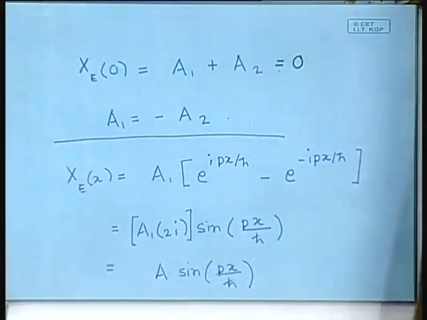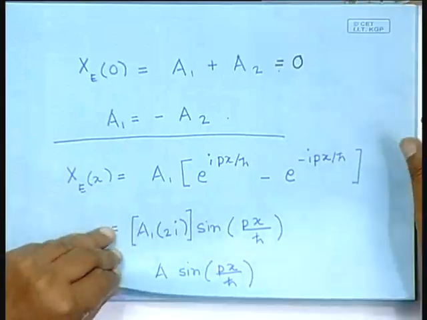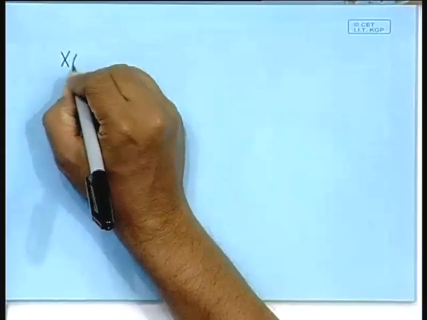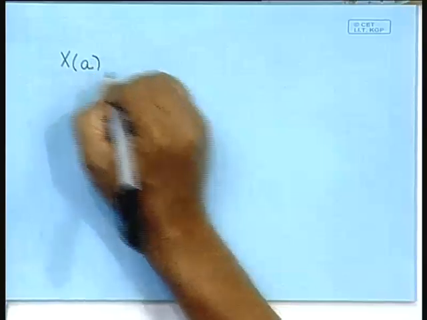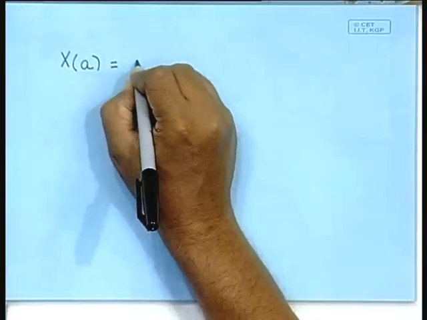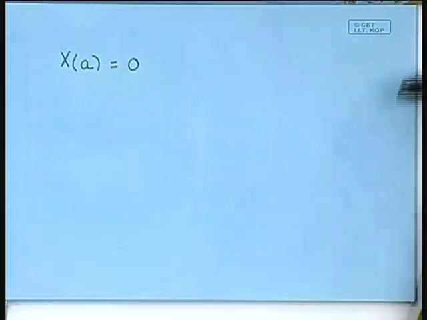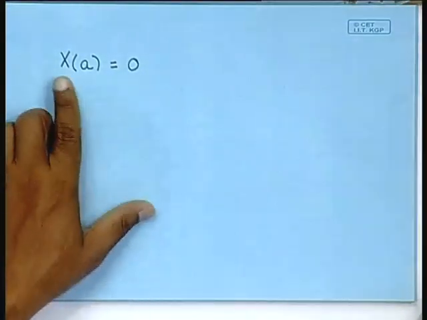Let us now apply the second boundary condition. The spatial dependence of the wave function has to be such that it has to vanish at x equal to a. We have already seen that this has to be sine px by h cross.